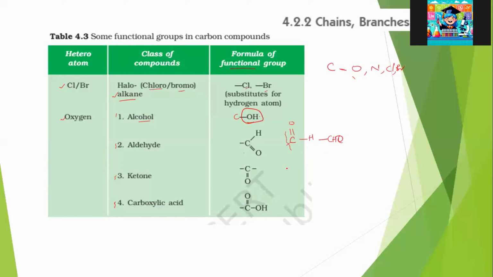There is ketone. Ketone is there when the carbon is attached to two other carbons and doubly bonded to an oxygen. So this is known as ketone. And then there is carboxylic acid. Carboxylic acid is obtained when carbon is double bonded to an oxygen and also bonded to an OH group. So like this, there are so many compounds of carbon that are present in nature or made in the laboratory.